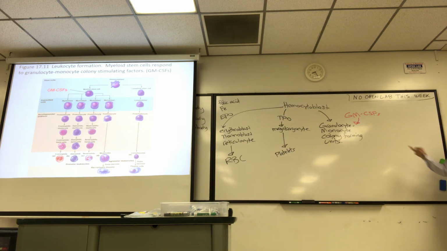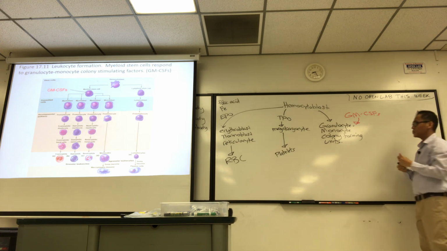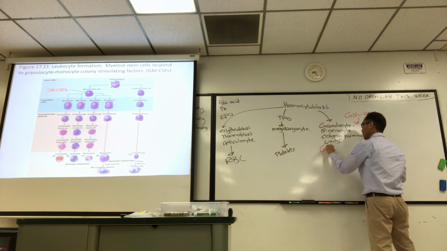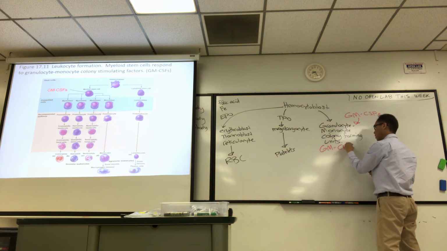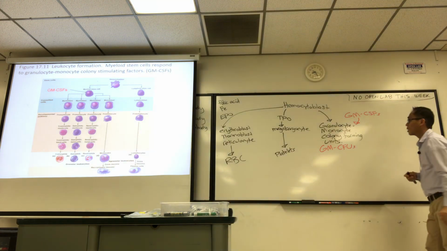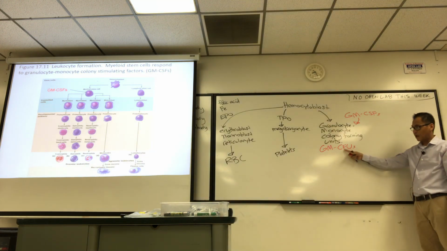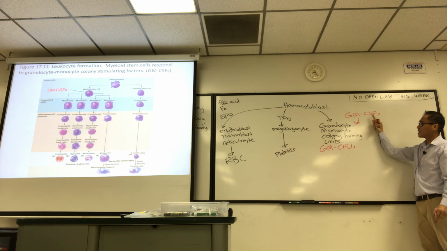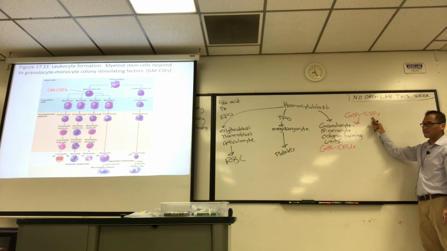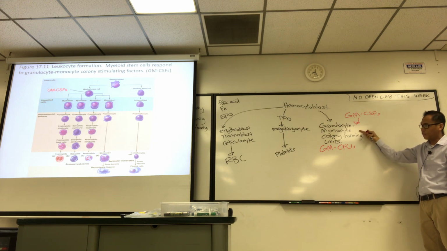It stimulates these GM-CFUs, which stands for granulocyte monocyte colony forming unit. So maybe you can guess what this stands for. Granulocyte monocyte colony stimulating factor. It's a molecule that can stimulate these colonies to form.